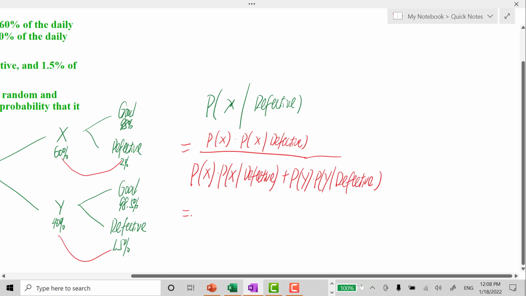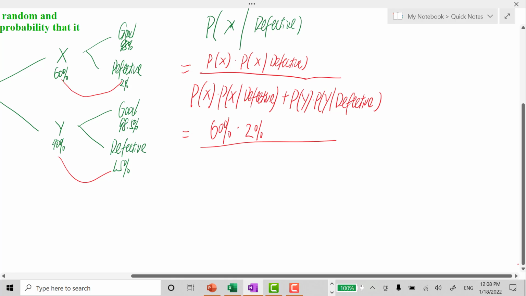So we look at the probability of X. Machine X produces 60% of outputs, and out of that 60%, 2% are defective. On the bottom, the first part is the same, 60% and 2%. The other part is the probability of Y, which is 40%, and the probability of machine Y producing defective items, 1.5%.